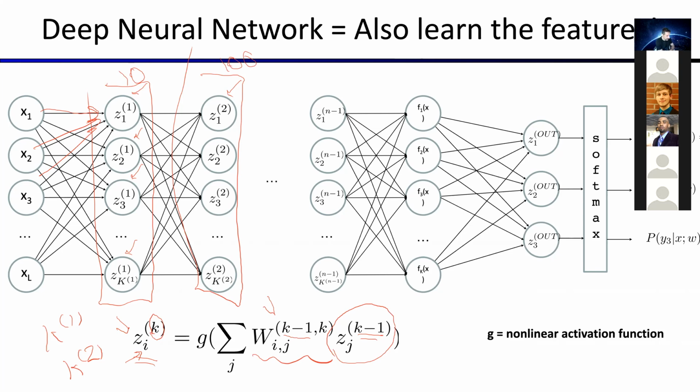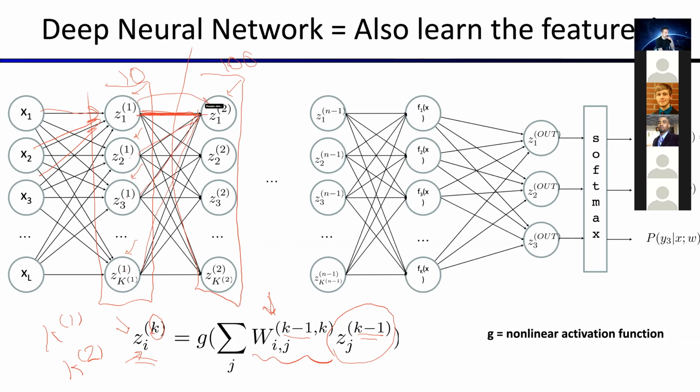So for calculating this one, you need these 10 activations, for example, and you need some weights associated with them, and the weights again have a similar notion: they determine the strength of this connection. If a weight is higher, it means this connection is more important, more value going from this node to this node.